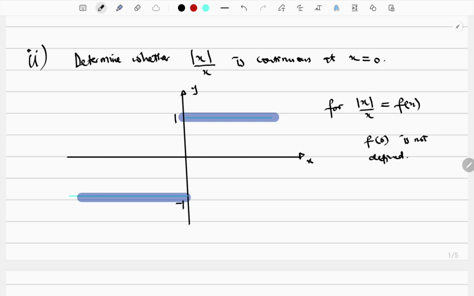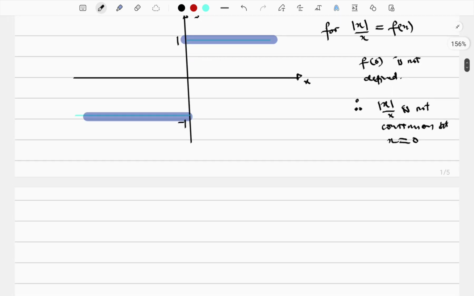Therefore, modulus of x over x is not continuous at x equal to 0. Because it's clear that if you try to put 0 down there, it will just give us infinity. So modulus of x over x is not defined at x equal to 0.